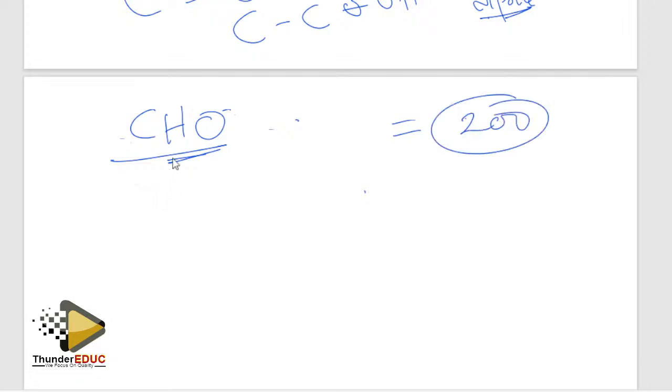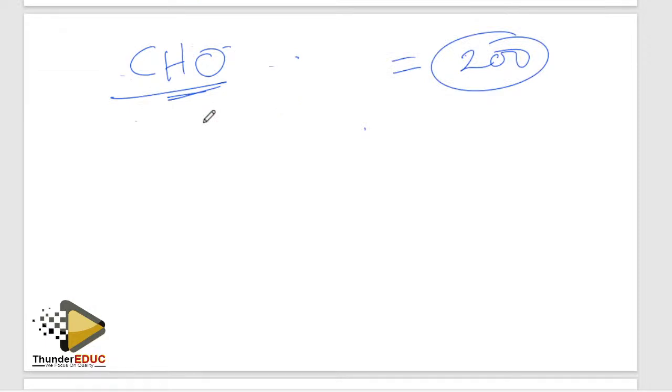Then they say this is 40%, this is 10%, and this is 50%. So how do I do the empirical formula here?